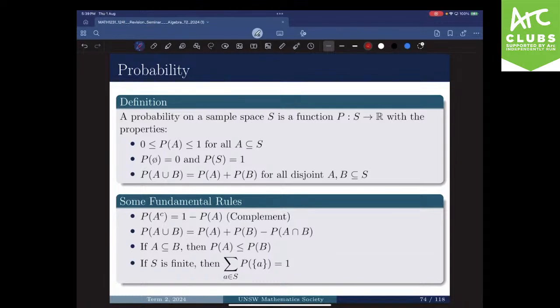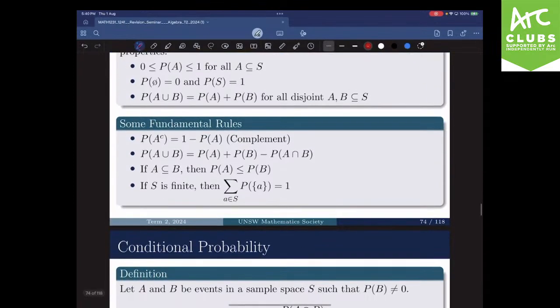The probability of the empty set is 0, so that's the probability of nothing happening. And the probability of S happening, which is the entire sample space, is just 1. The probability of A or B is equal to the probability of A plus the probability of B for all disjoint A and B, which is to say that A and B don't share anything in common.